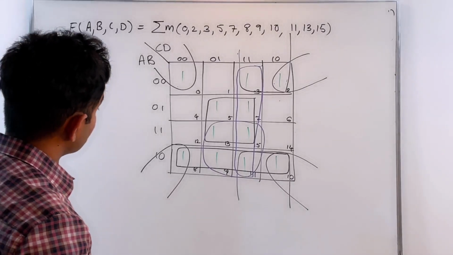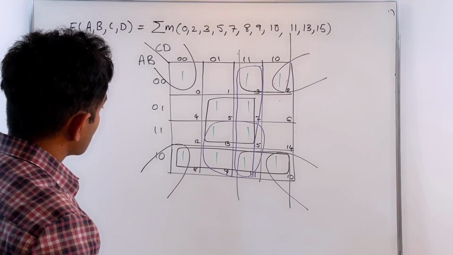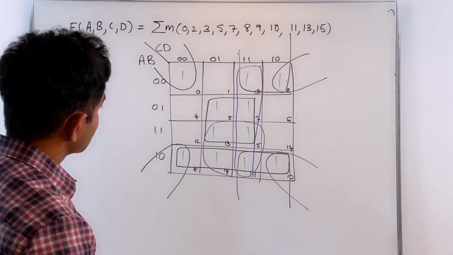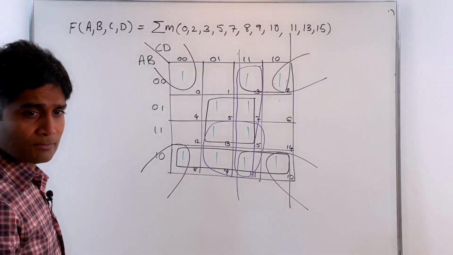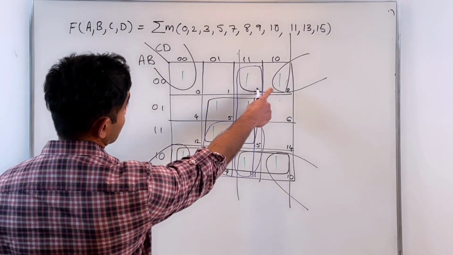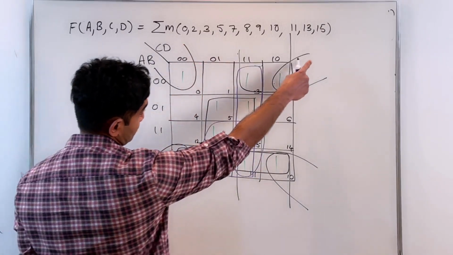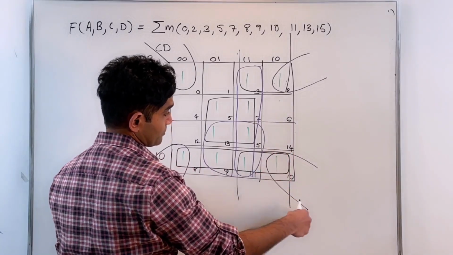All right. Any other possibilities? 2 and 0. 2 and 0 will not be a prime implicant, because I've already obtained a larger combination, right?